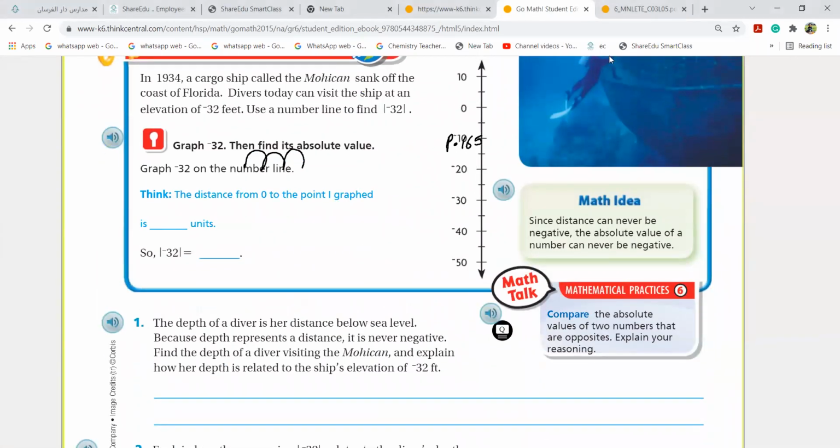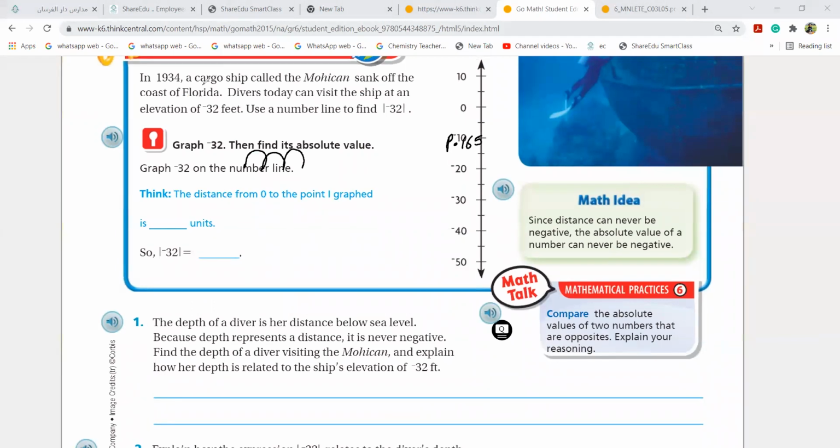Now, if I ask you, girls, the question is, in 1934, a cargo ship called the Mohican sank off the Prosperia. Divers today can visit the ship at an elevation of -32 feet. For going -32, use a number line from 0 to 32. From 0 to 32, girls, how many steps do they move?